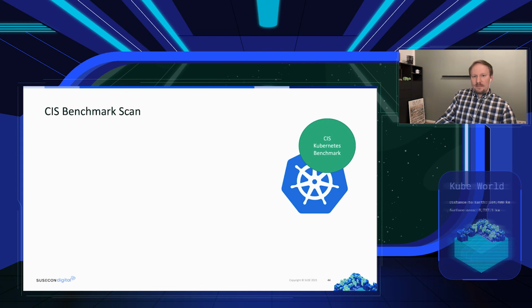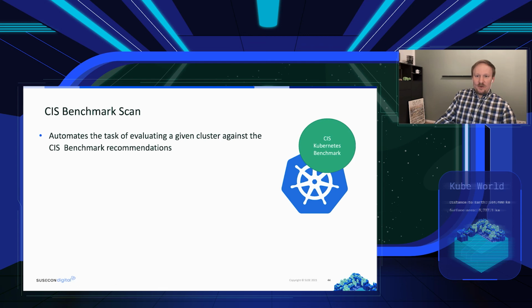Obviously, the CIS guide is basically a bunch of controls, a document that you need to go through, and you probably don't want to go over this whole document and then manually compare your system against it. So a good way to implement the CIS benchmark is by automating the task of evaluating the cluster against the benchmark.